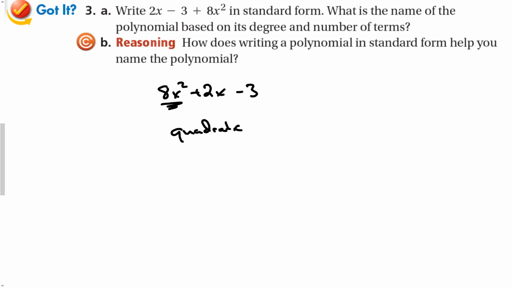Quadratic. 1, 2, 3 terms. Trinomial. And how does writing the polynomial in standard form help you to name it? Well, if you write it in standard form, the largest degree is first, so that prevents me from making a mistake about what is the biggest degree. Okay?